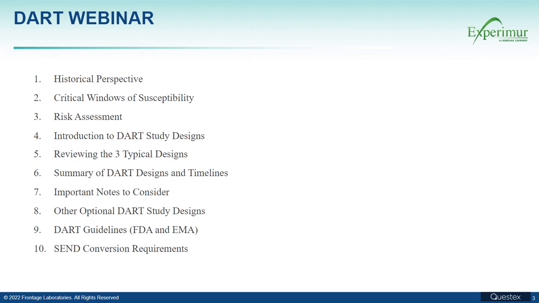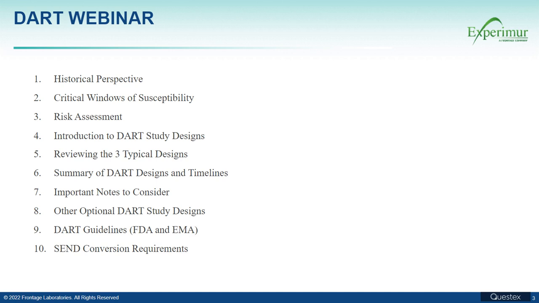So as a quick outline of what we'll go over today, we're going to give a little bit of a historical perspective on DART studies and how they came about. I'm going to talk a little bit about critical windows of susceptibility, as well as risk assessment. And then Bjorn is going to hop on and talk about DART study designs.